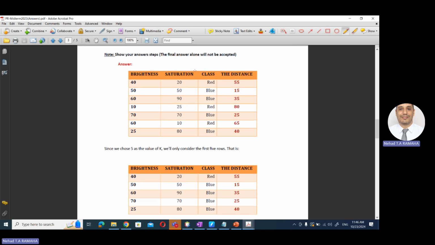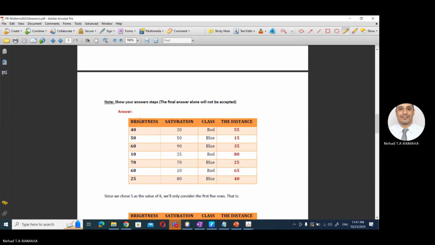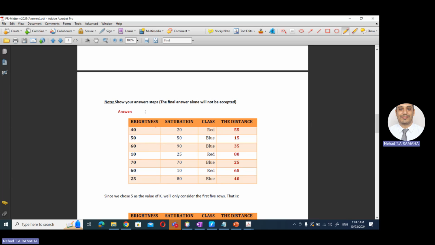Let's write the new data here, which is 50 and 65. So we will calculate the distance from each element here.